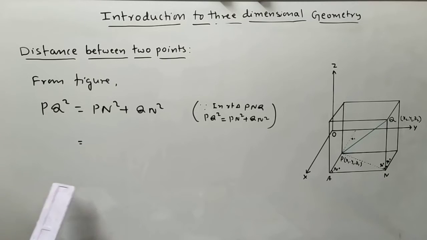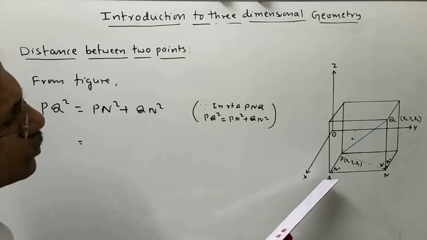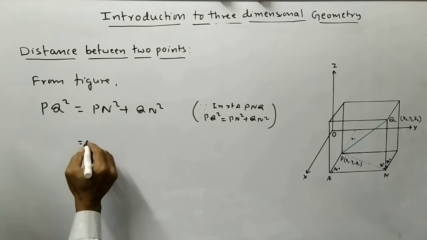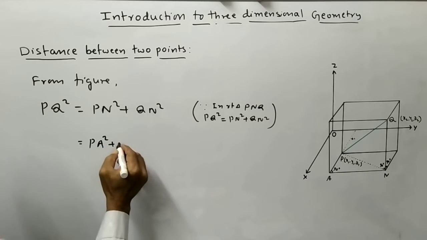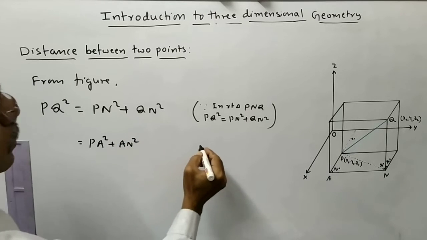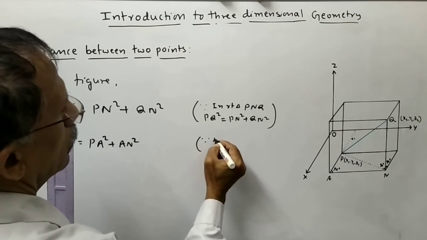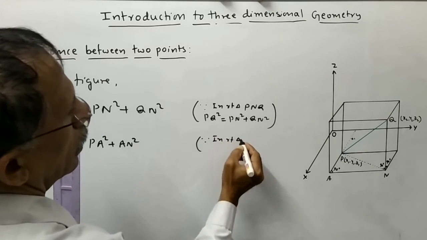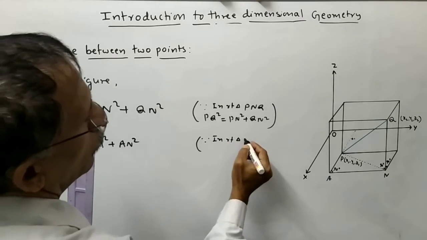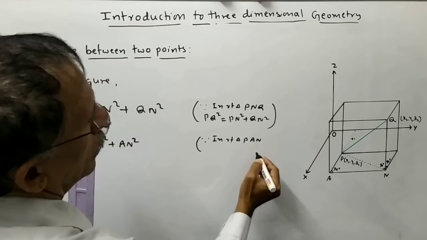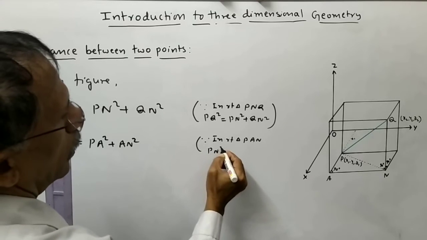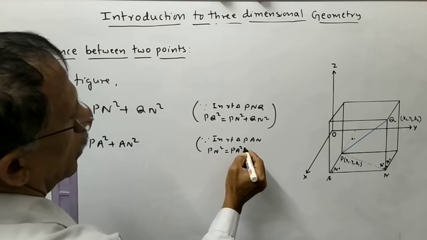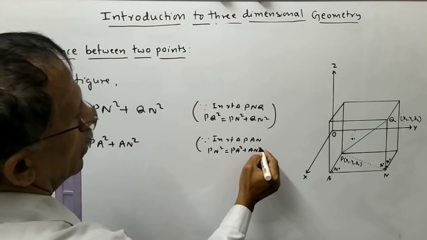PN square is nothing but PA square plus AN square, because in a right triangle PN square is equal to PA square plus AN square.